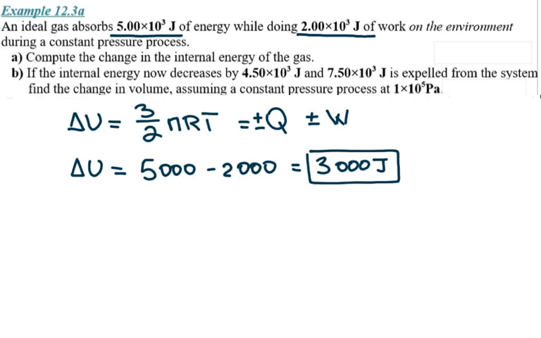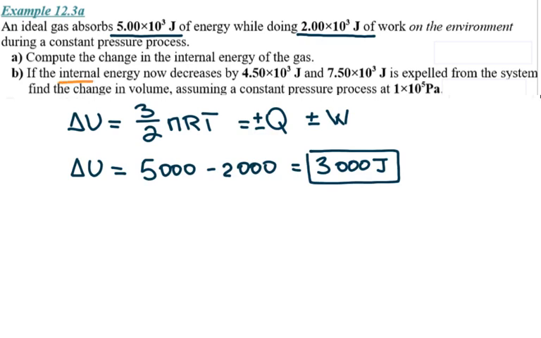Then for the next question, they say if the internal energy now drops by 4,500 joules and 7,500 joules is expelled from the system, find the change in the volume assuming a constant pressure process, and they give you that the pressure doesn't change.